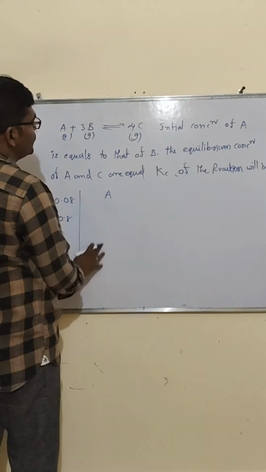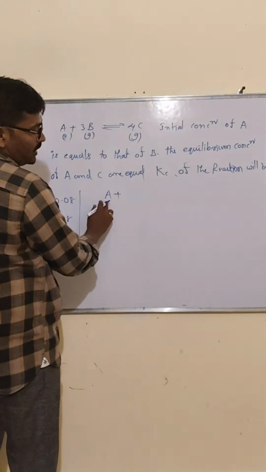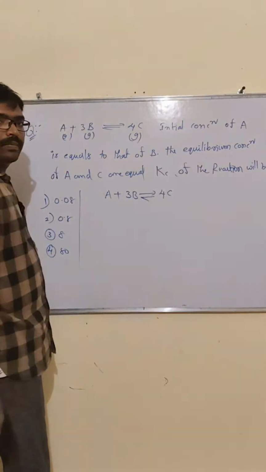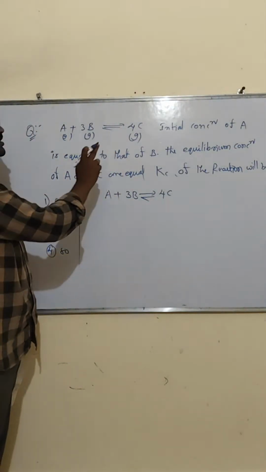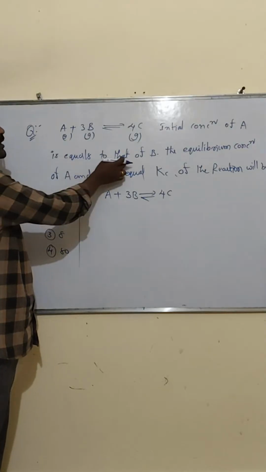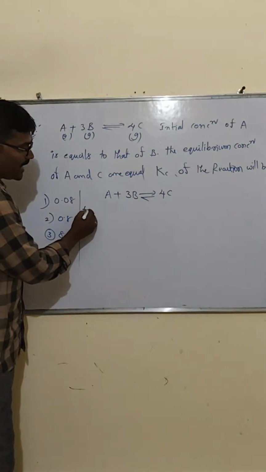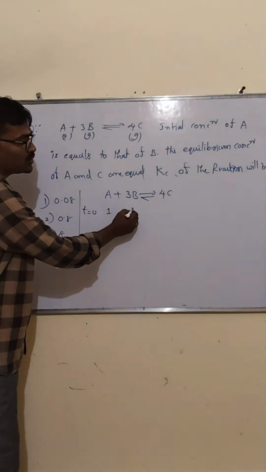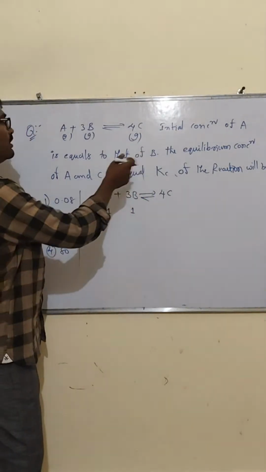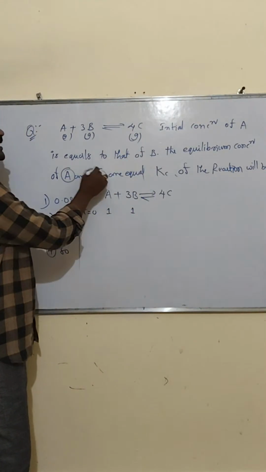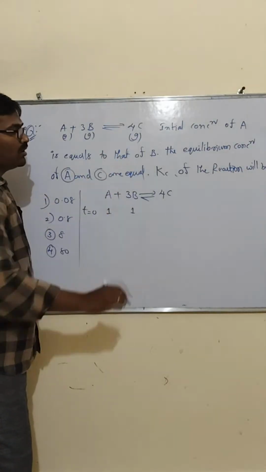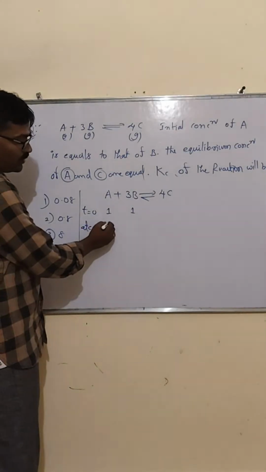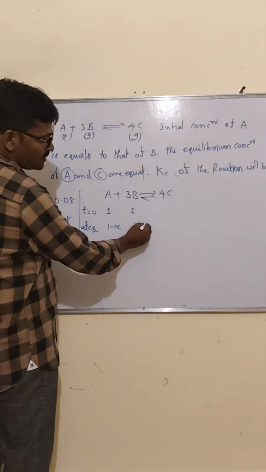See, the equation whatever they mention, that equation I have to take first. So A plus 3B gives rise to 4C. In this equation, the initial concentration of A equals that of B. In case you take A as 1, B also 1. Then the equilibrium concentrations of A and C are equal. At equilibrium, A is 1 minus alpha.